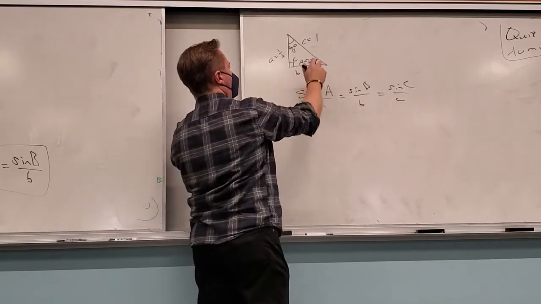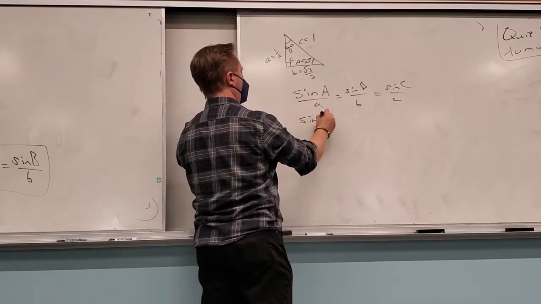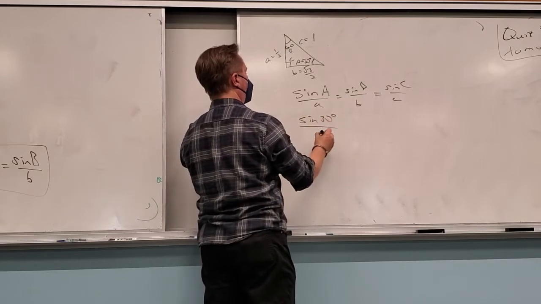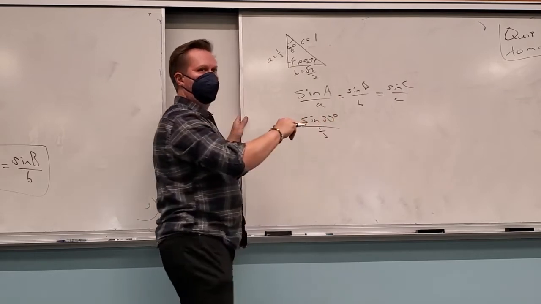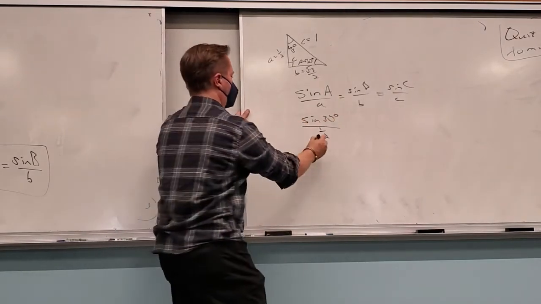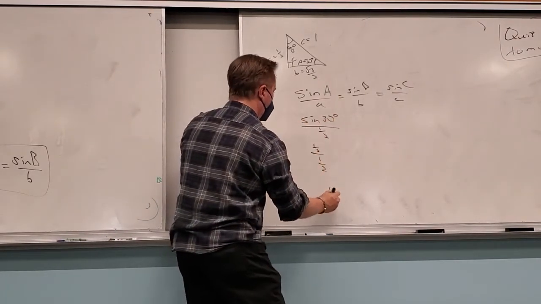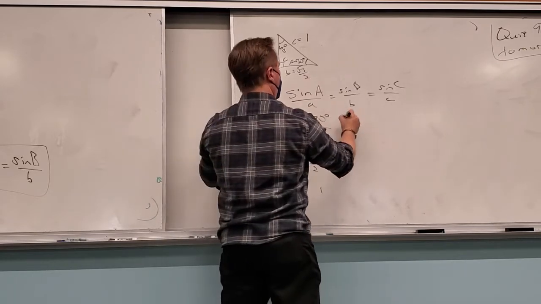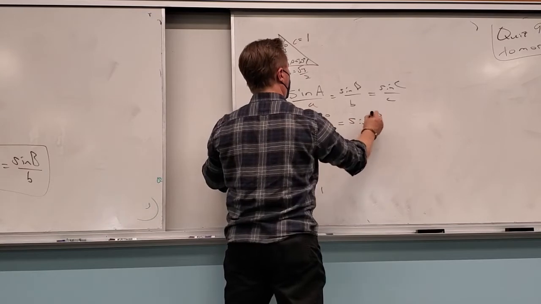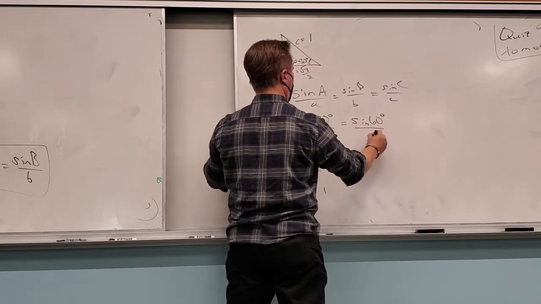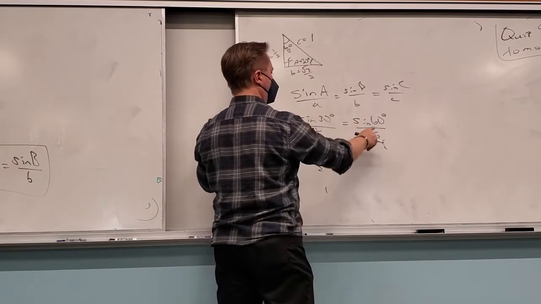So sine of A, what's sine of 30 degrees? 1/2. So it says 1/2 over 1/2, that's 1. So that's what that is. This is supposed to equal sine of B over B. What is sine of 60?